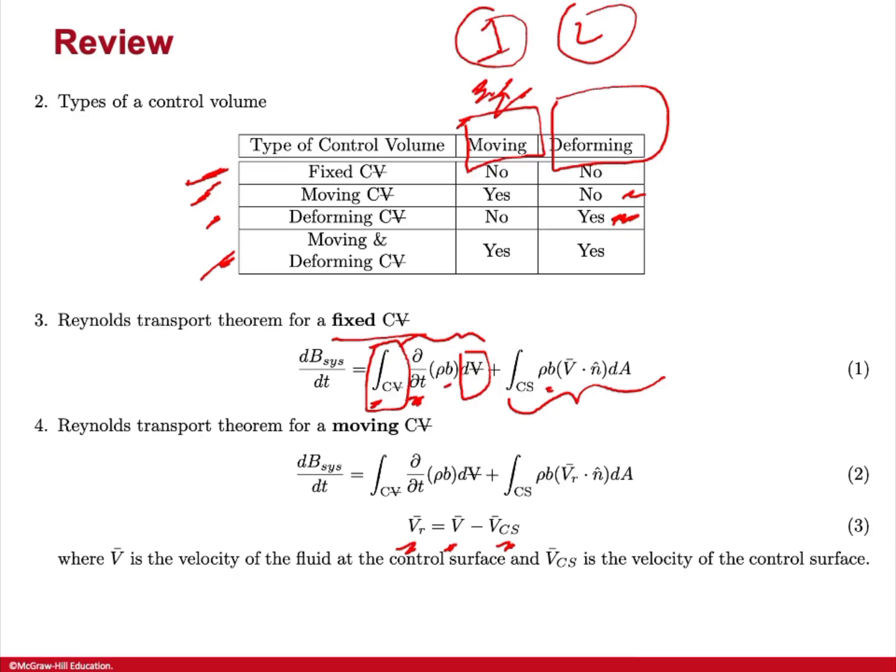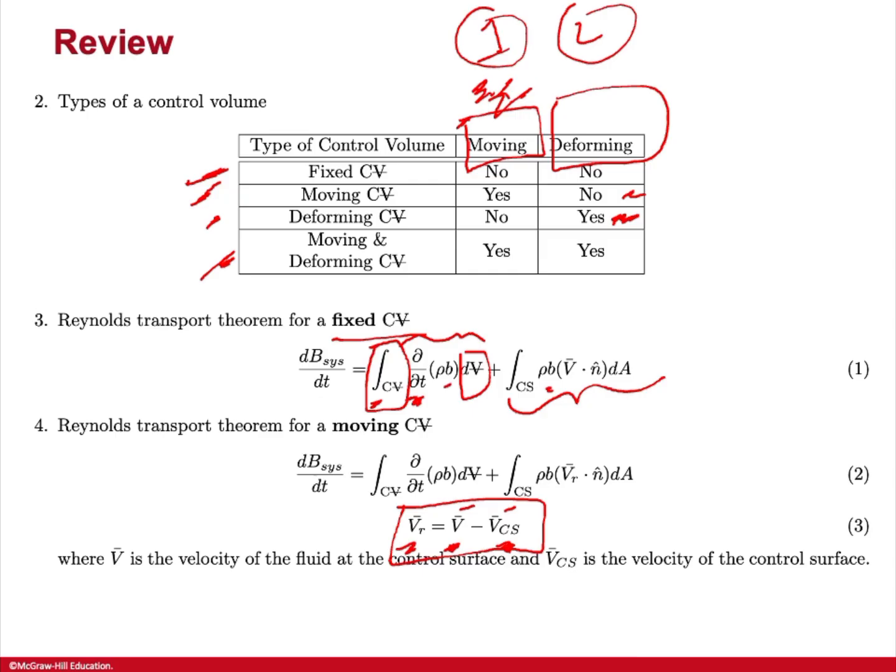If you have a head-on wind, the amount of air hitting you will be more compared to a tailwind. So when you're talking about relative velocity, you're talking about the fluid velocity locally minus the control surface velocity. Be mindful, here you have vectorial notation, so this is subtraction of the vector itself, right?